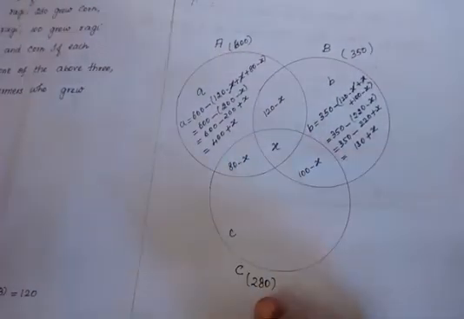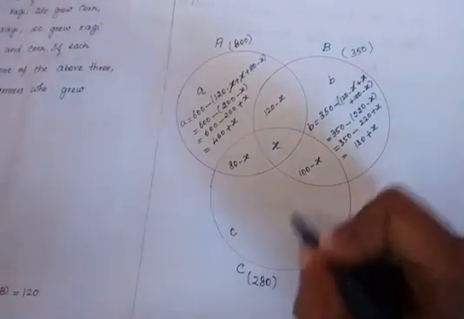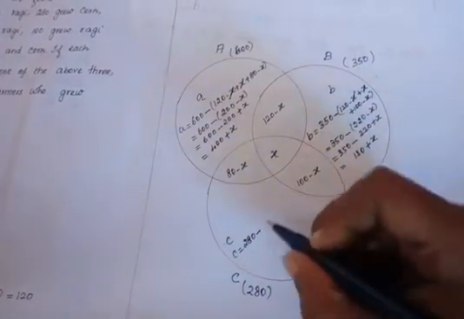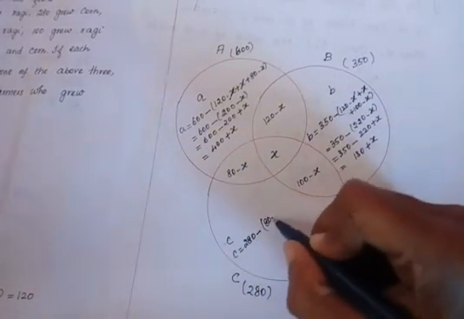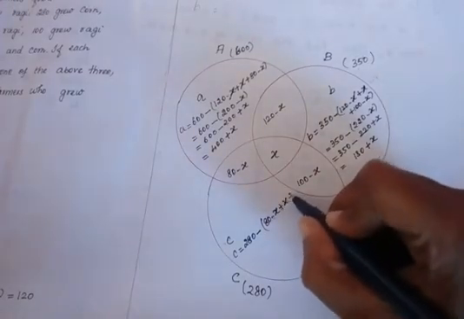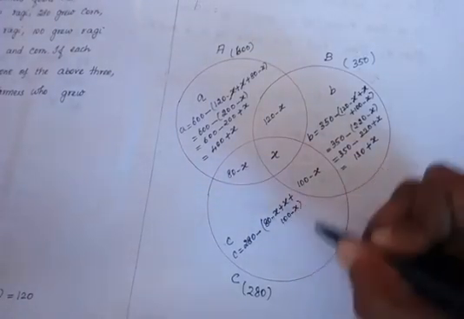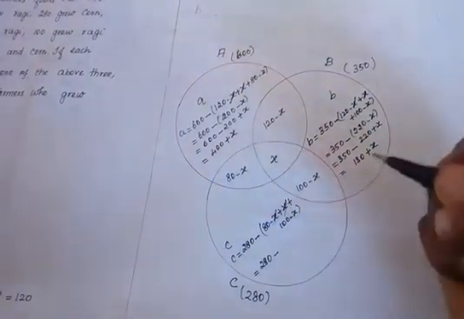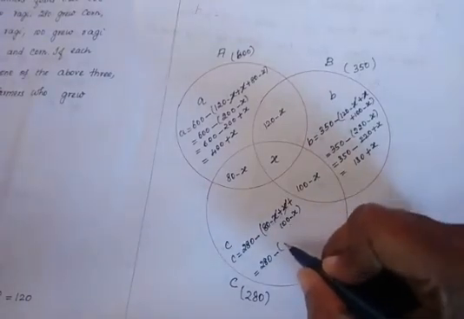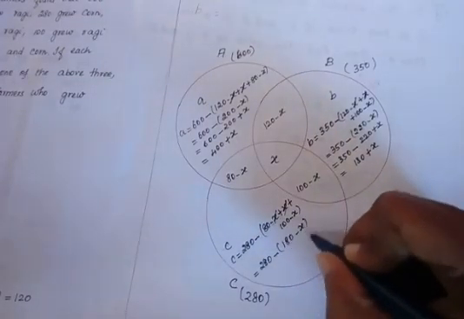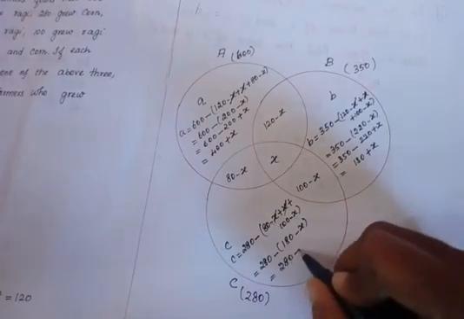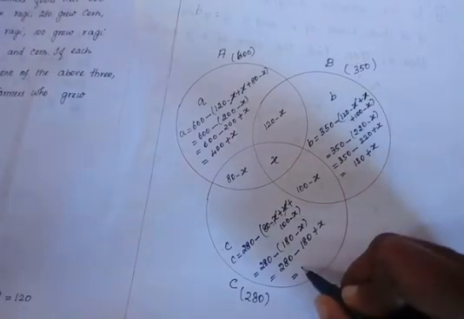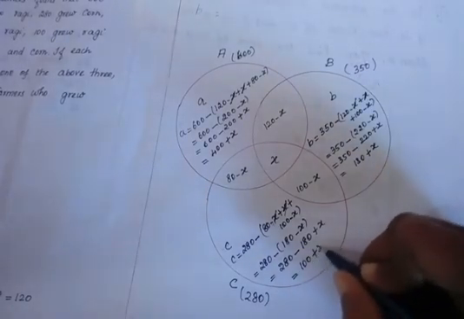Now totally C set is 280. So we find this area. So c is equal to 280 minus (80 − x) + x + (100 − x), equal to 280 minus, −x and +x cancel, then 80 plus 100, 180 minus x, equal to 280 − 180 + x, equal to 100 + x.